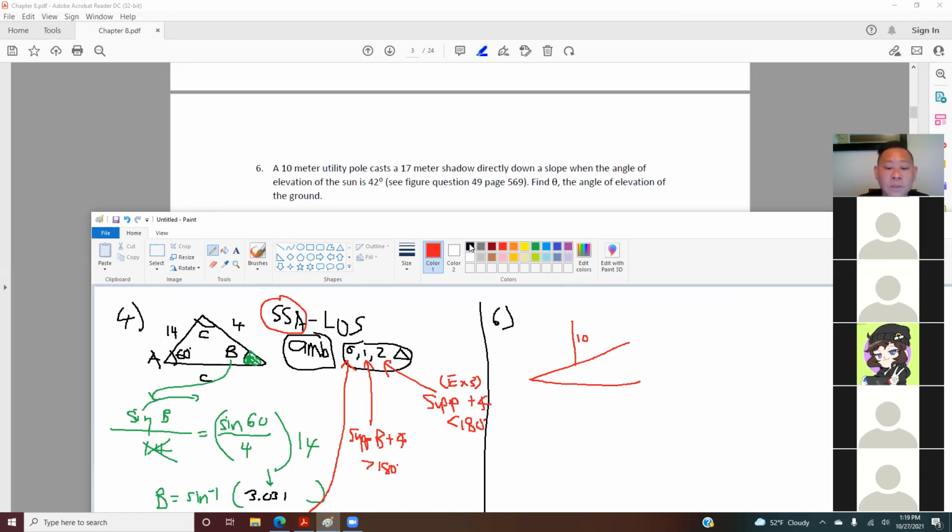This is the shadow of this pole, and this shadow is 17 meters. I'm going to write it over here, 17 meters. And the angle of elevation of the sun is 42. Oh, this is the sun, sorry, my bad. Your sun is here. So if you draw a triangle with the sun here, this is 42.